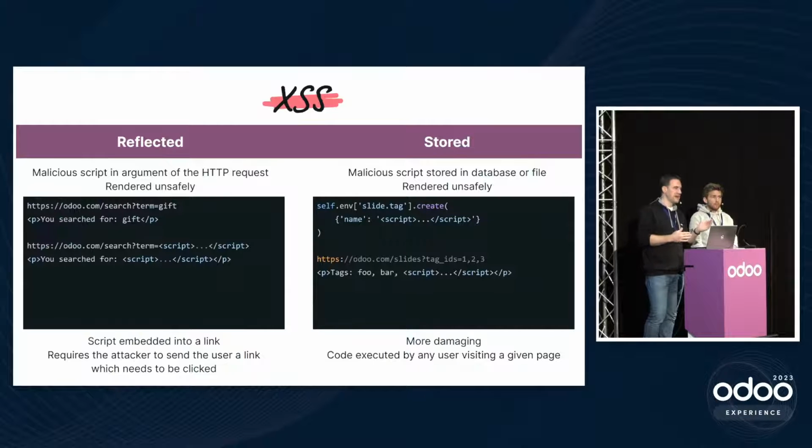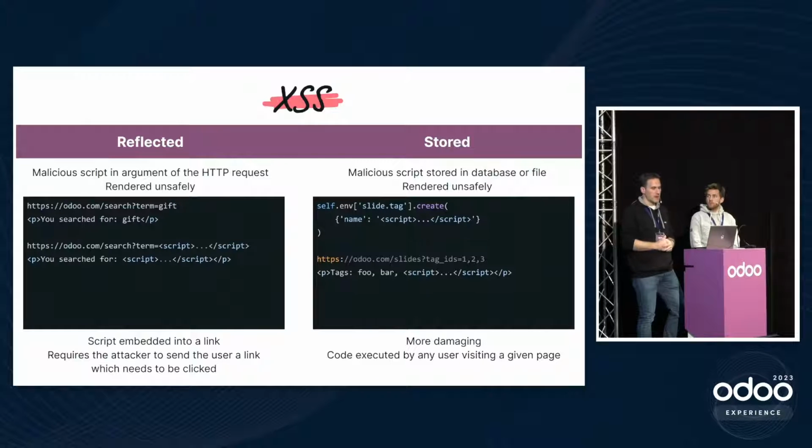There are several kinds of XSS attacks. Two of them are explained here on the slide. The reflected kind of XSS attack is when you pass a parameter to a request, and it's going to be echoed back in the response of the server without being properly secured by basically escaping the parameters that are dangerous. So the example on the left shows the parameter in the URL is echoed back to show you what you searched for.